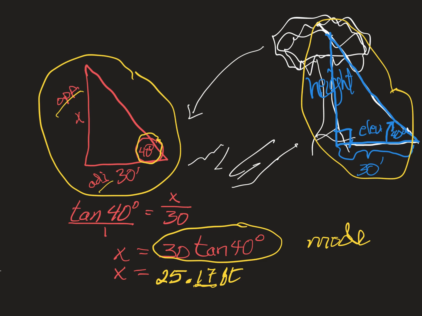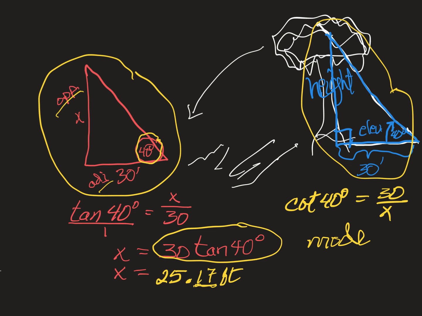Now, I could have written this as cotangent 40 equals 30 over x, and I would have gotten exactly the same answer. But look at all the buttons on your calculator. Is cotangent one of the buttons?